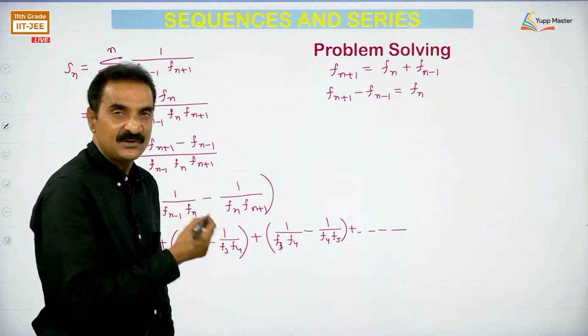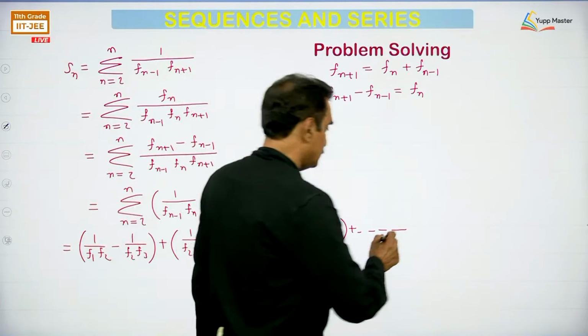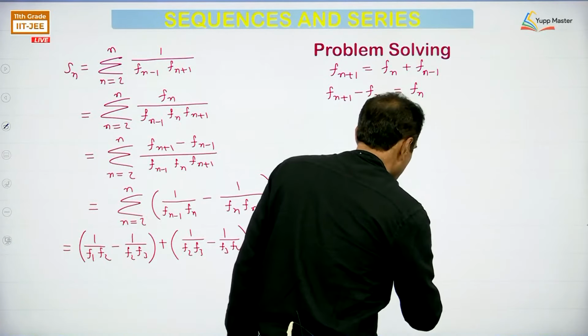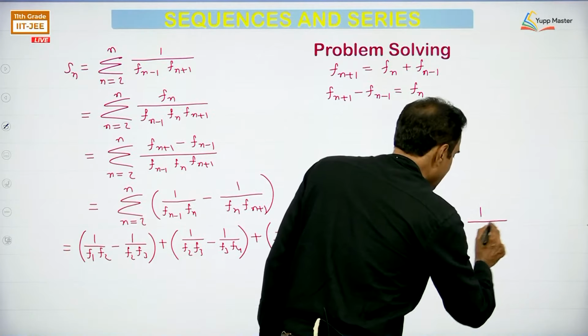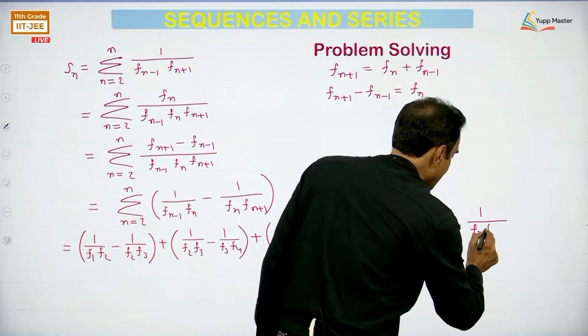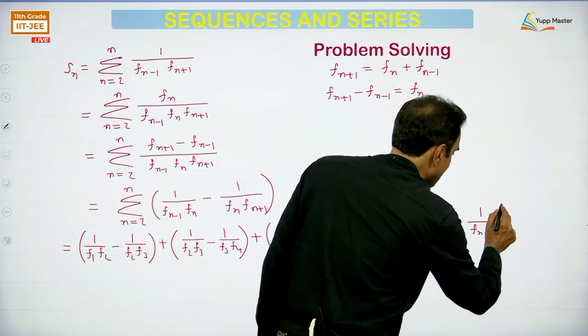Putting n is equal to n, you will get 1 by f(n-1) f(n) minus 1 by f(n) into f(n+1). Alright.